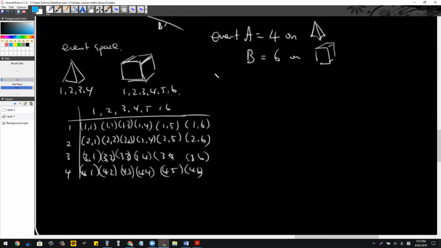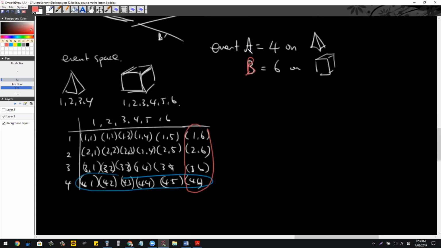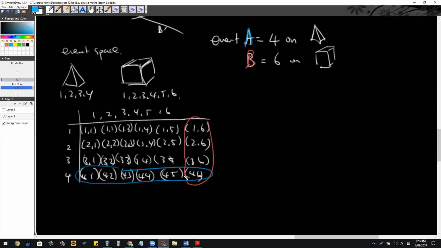The event A is given by this. That's event A. Event B is given by all of this. That's a 6 on the cubical die, sorry. So that's event B, this is event A. Obviously they overlap, right?